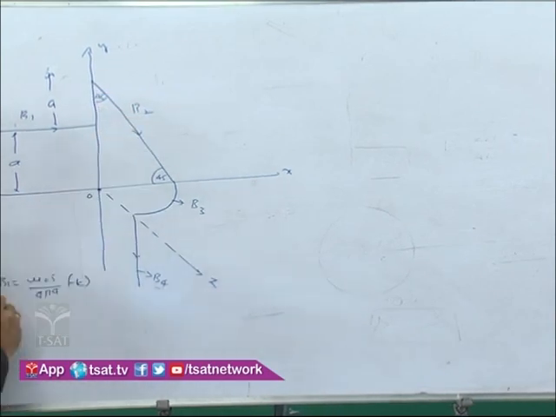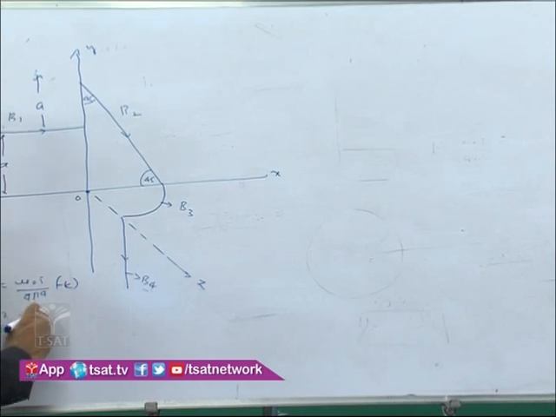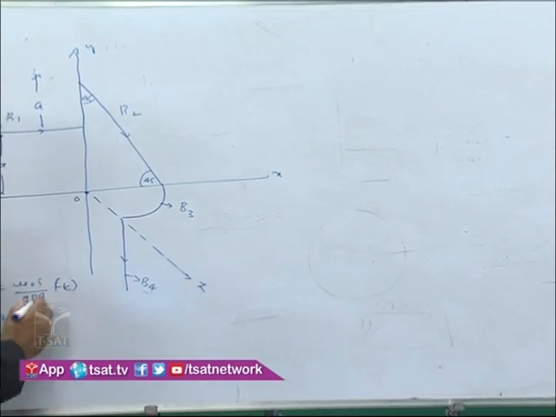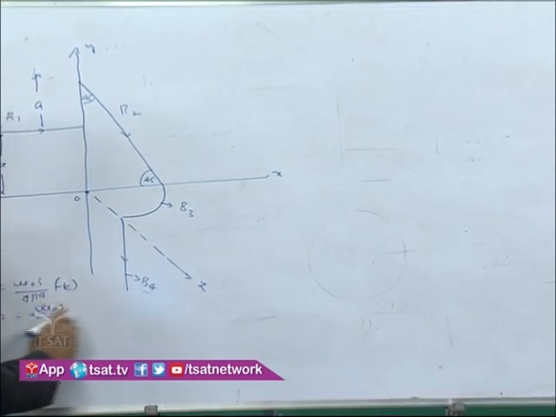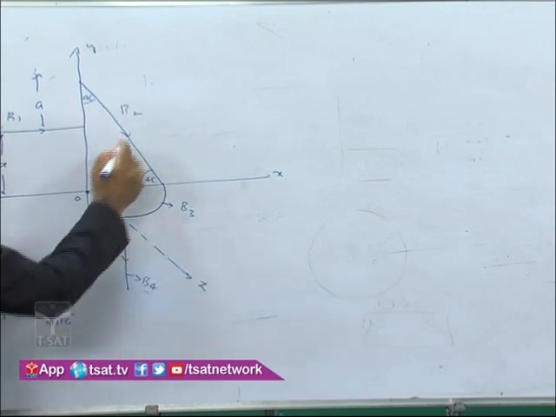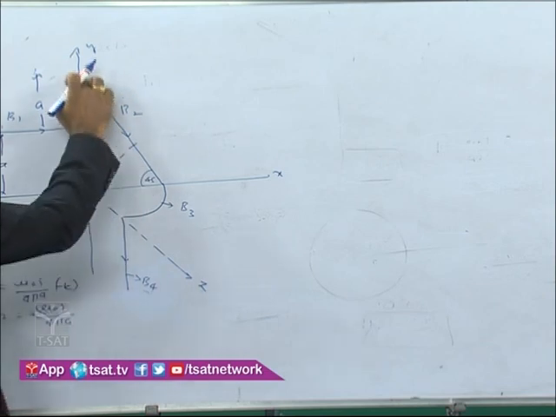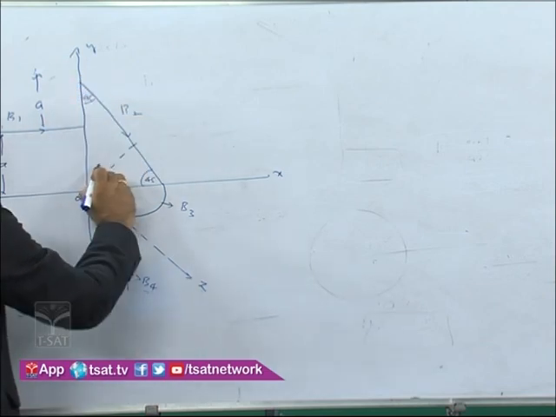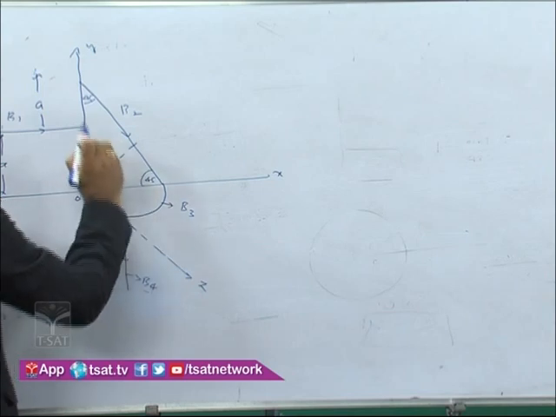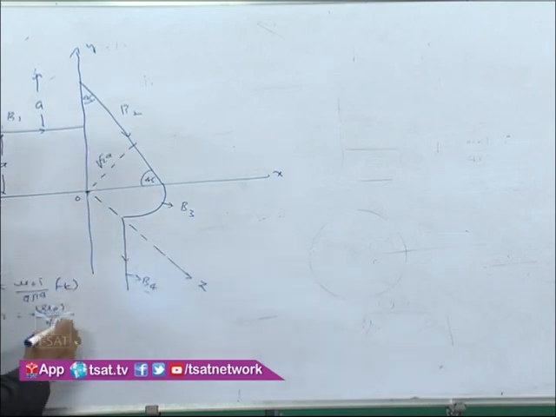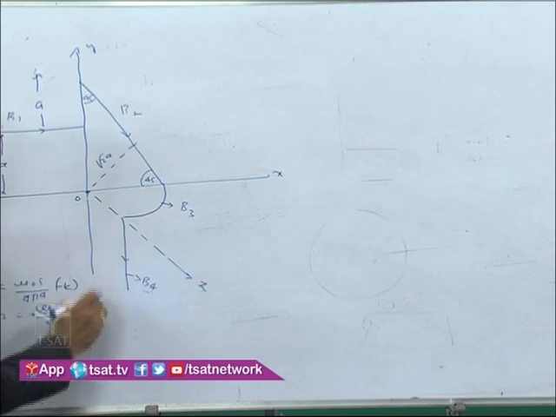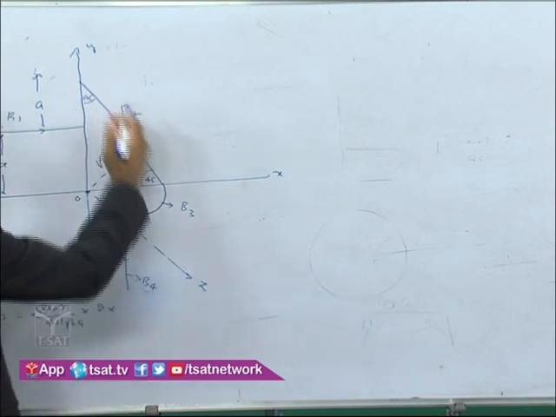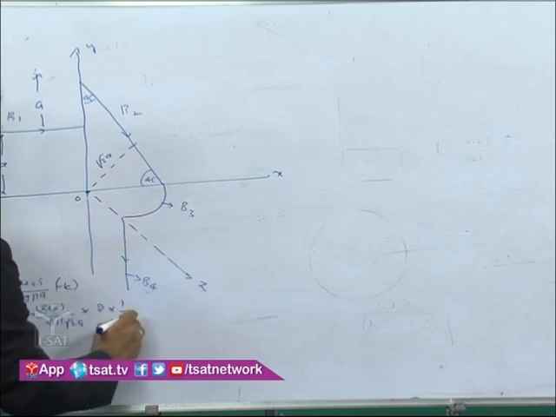Next, B2 is equal to mu naught I upon 4 pi r, where r is the perpendicular distance. The total length is 2A. Therefore, 2A into sin 45 gives the perpendicular distance as root 2 into A. Sin alpha plus sin beta is 2 into sin 45, that is 1 by root 2.